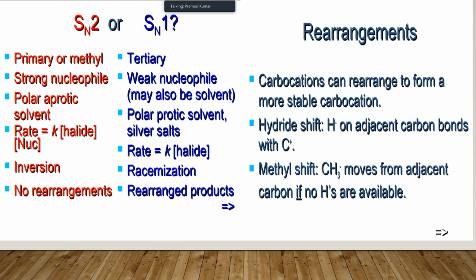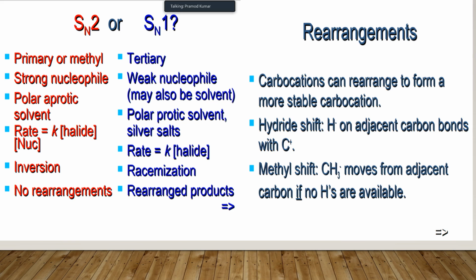Anything that can lead to formation of a stable carbocation will be formed. That's why in SN1 reaction the rearrangement can occur, whereas in SN2 reaction no rearrangement occurs. Now let's see the types of rearrangement. The carbocation can rearrange to form a more stable carbocation.